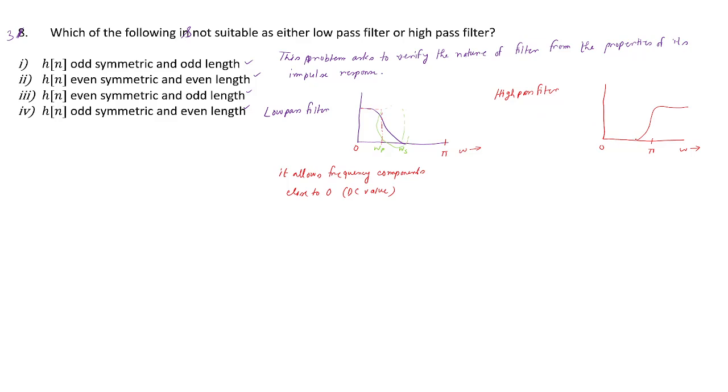On the other hand, this high pass filter completely cuts off the low frequency components, and it only passes the high frequency components. This pi refers to high frequency. So intuitively it only allows frequency components which are around pi.